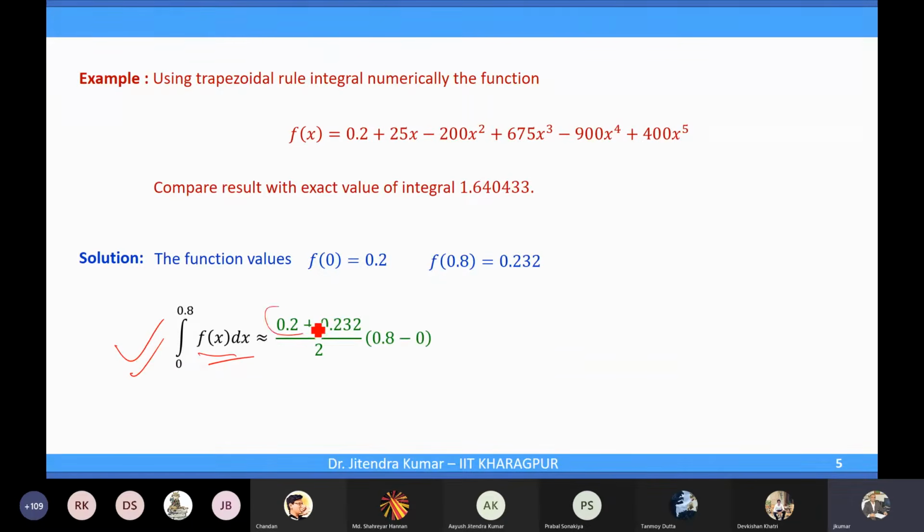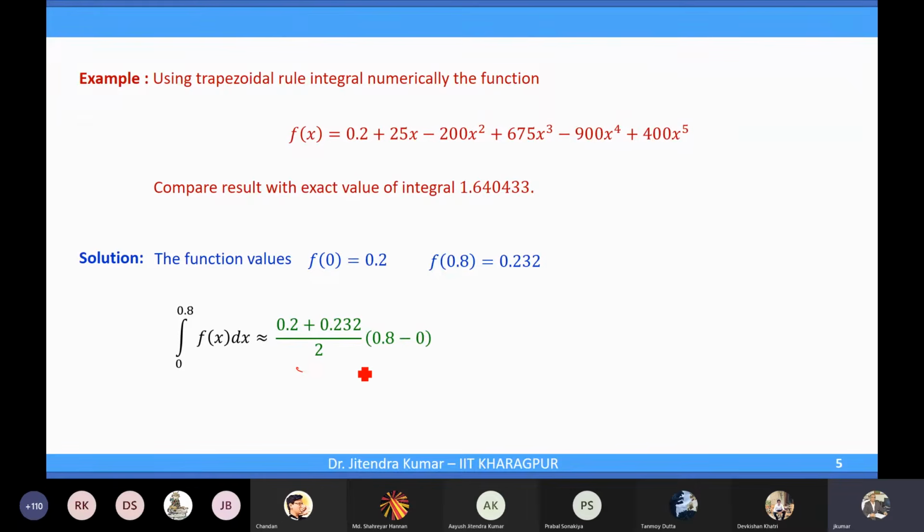So if you integrate from 0 to 0.8 f(x) dx by this rule, you have (f(a) plus f(b)) by 2, you evaluate this f at 0. So 0 means you have just 0.2 there, and you need to evaluate at 0.8. So you just substitute here 0.8, here also 0.8, then 0.8 squared, 0.8 cubed, and so on. So that you evaluate, it will be 0.323. So we are not spending time here on these evaluations.